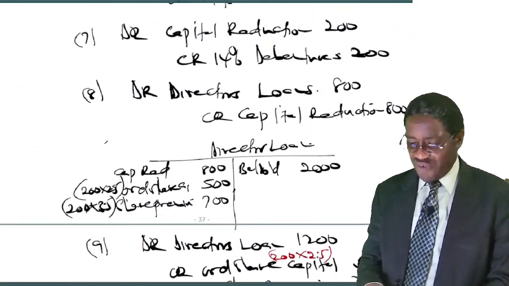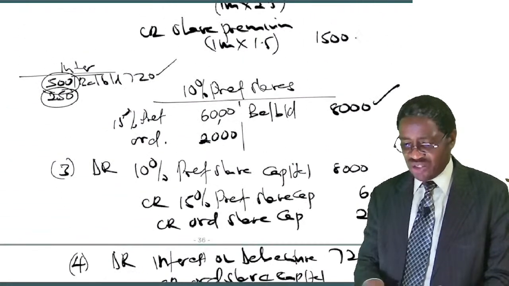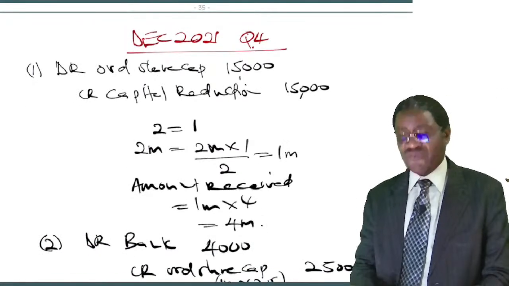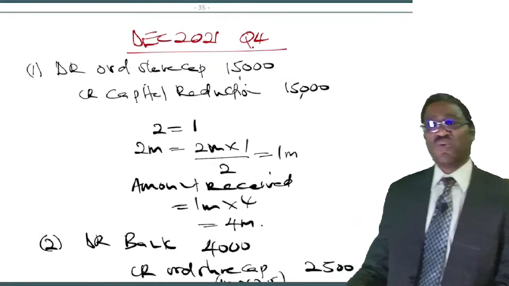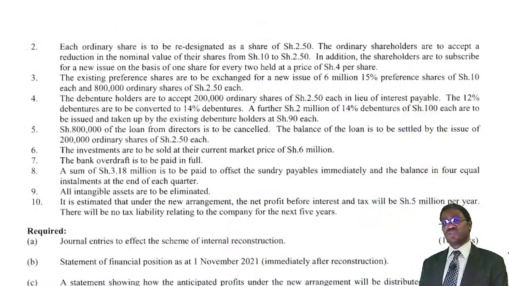Let me just refresh to remind you what we have discussed today. We started with the first one, where note number 2 told us to write off one share from 10 to 2.5.